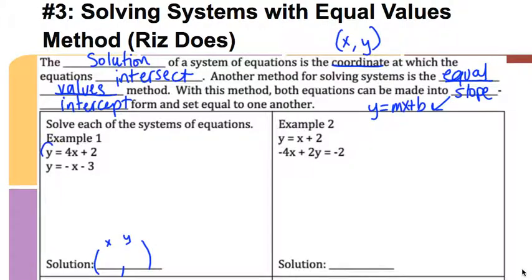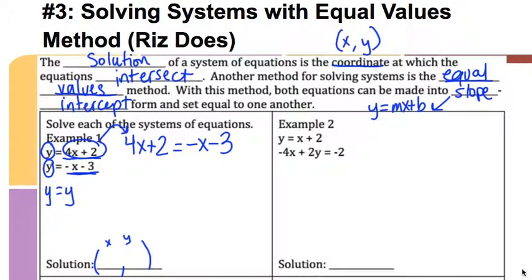So if y equals 4x plus 2 and y equals negative x minus 3, then it must be true that 4x plus 2 is equal to negative x minus 3. All I'm saying here is that y is equal to y. So I just take this y and I put it here, and this y, and I put it here.